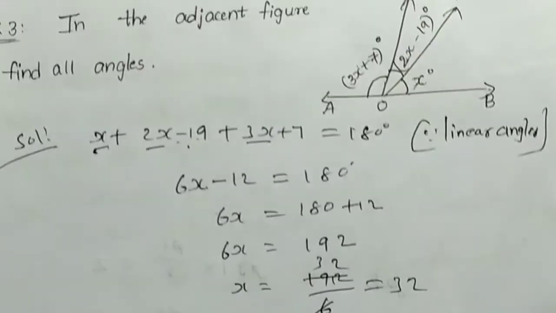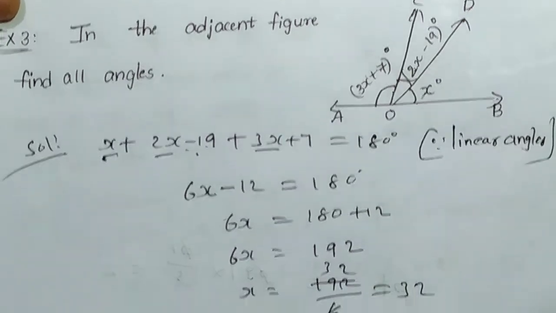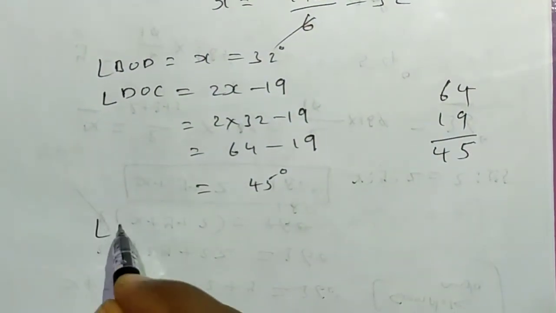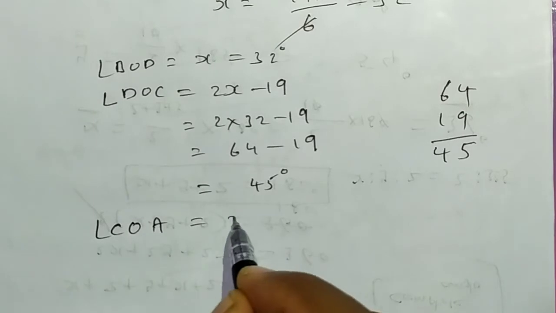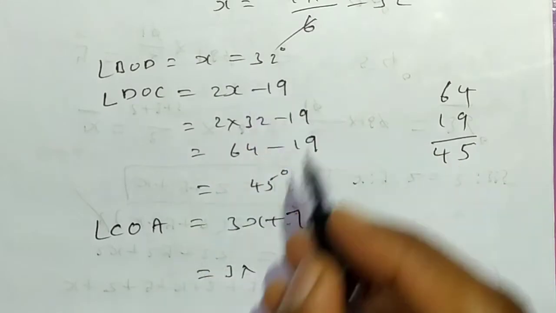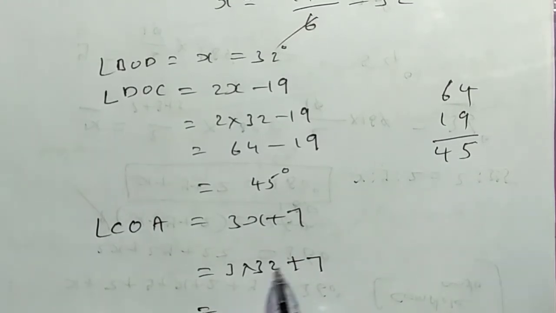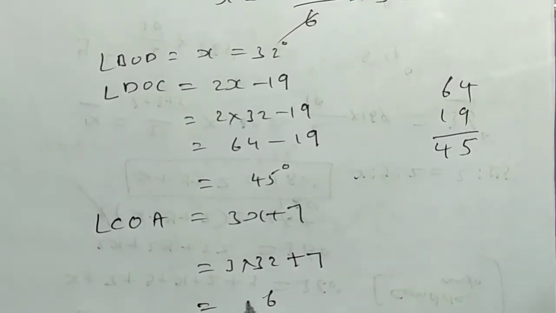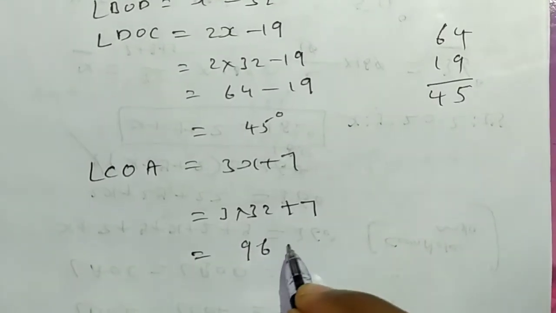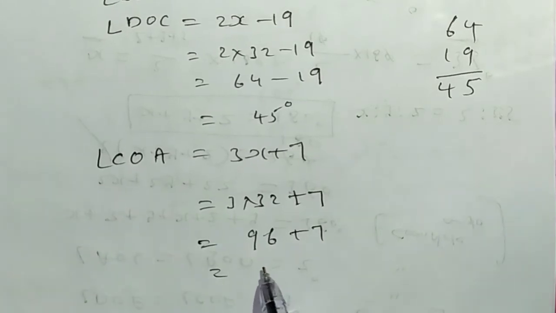Okay. The third angle, the last angle COA, is 3x plus 7. Angle COA is equal to 3x plus 7, that is equal to 3 into 32 plus 7. 3 2s are 6, 3 3s are 9, so 96 plus 7 is 103 degrees.